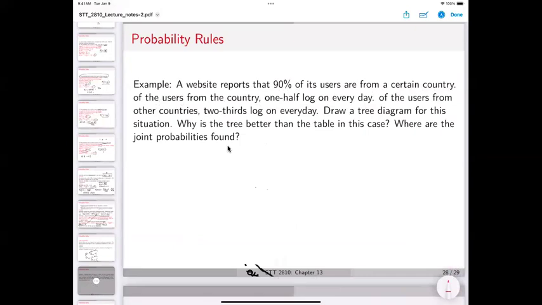A website reports that 90% of its users are from a certain country.